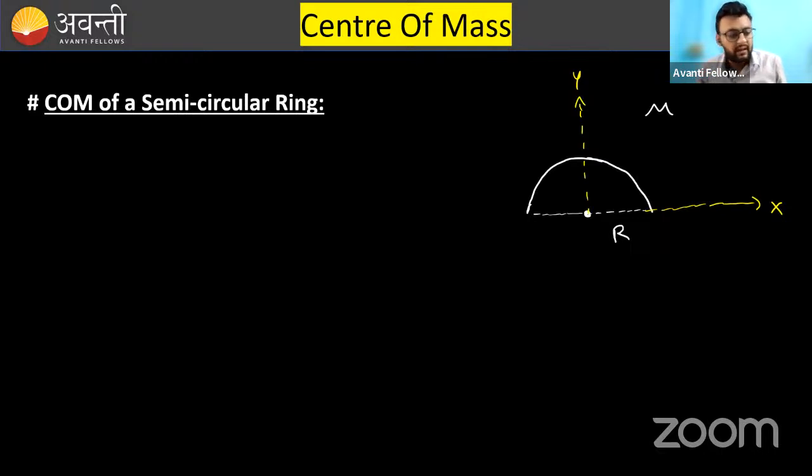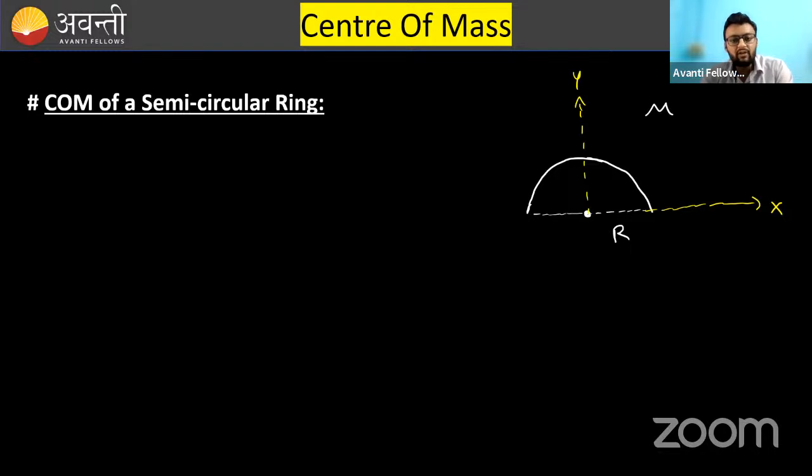Can you see one thing? That this ring is symmetrical about the y-axis. Listen to me very carefully. The portion to the left of the y-axis is the same as the portion to the right of the y-axis. Can you see that? Then in that situation, center of mass will lie on the y-axis only.